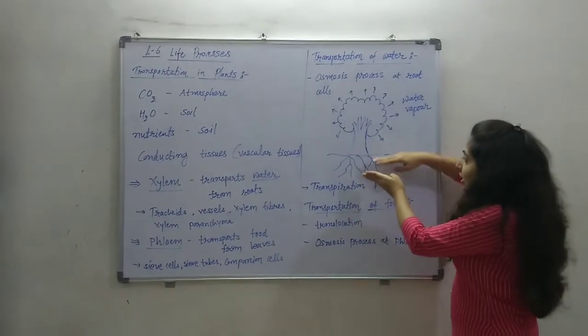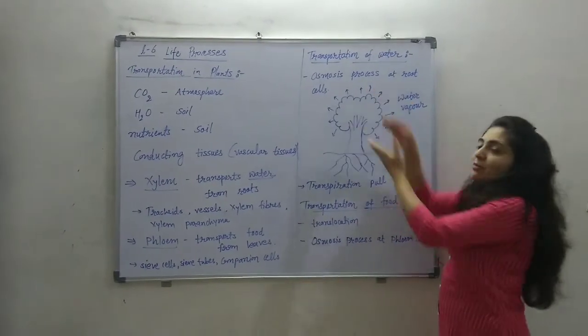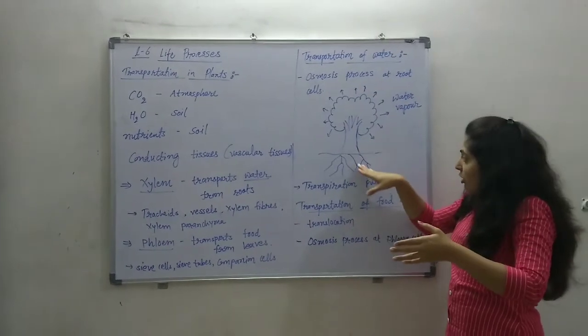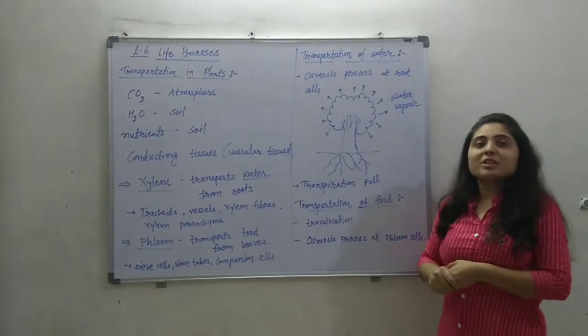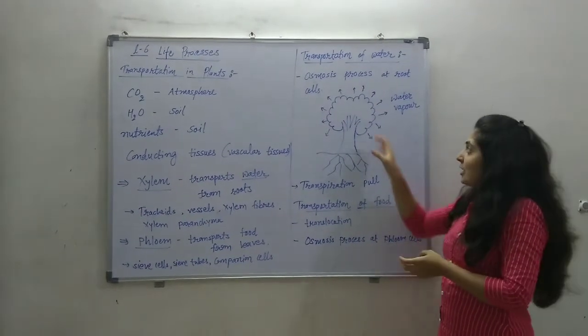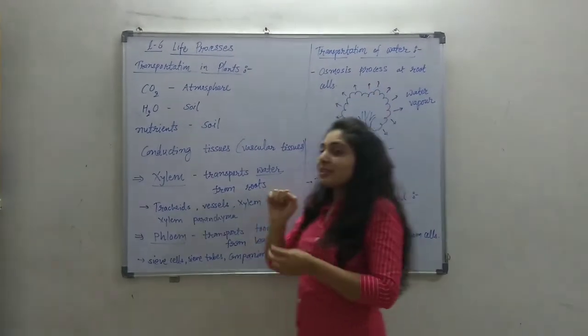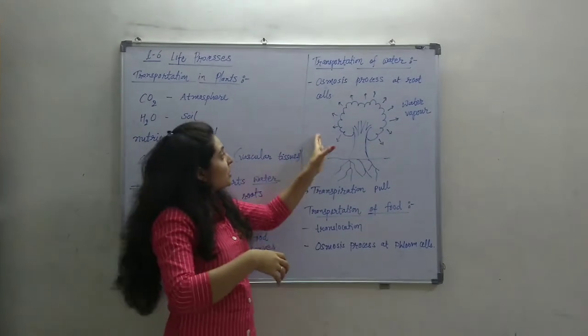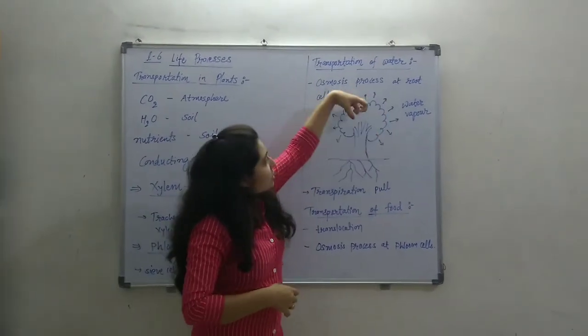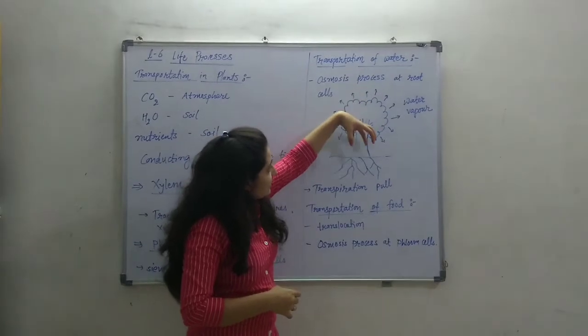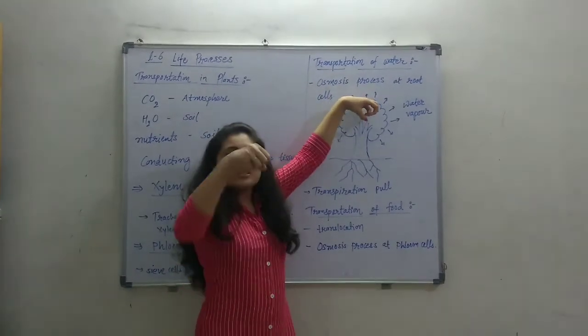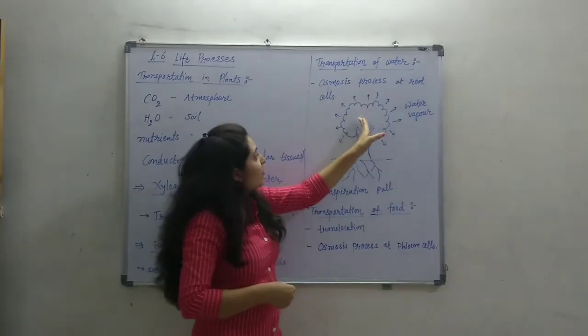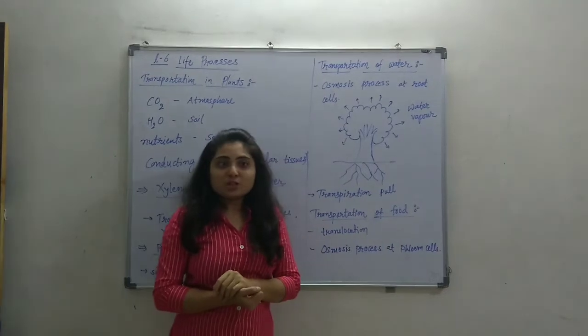So this is how ultimately the water from the root will reach the upper regions. Okay, so this is called the transpiration pull, right? This is the suction created, and this actually pulls the water from the root, by the transpiration process.